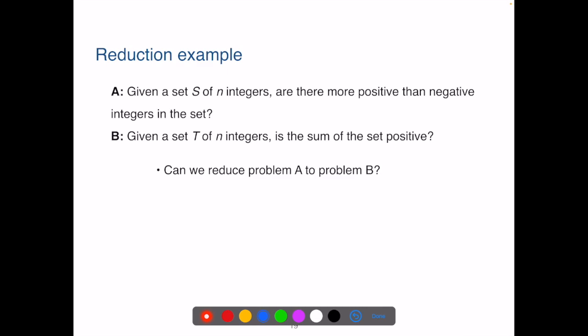For instance, we have a set S as an input instance for problem A. So we have a set of integers. And then we can create a set T correspondingly, by converting all the positive integers to ones and all the negative integers to minus ones.